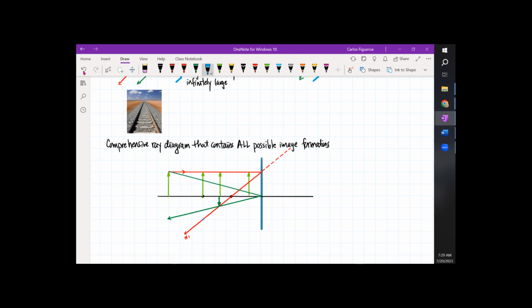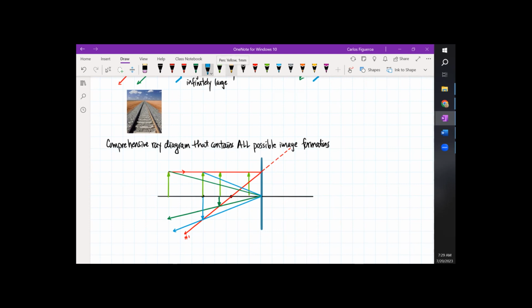You can see that this ray is now changing angle, and it's this ray that determines where that image is going to cross. And you can see that it crosses at the exact same location as 2F, exactly like we expected.